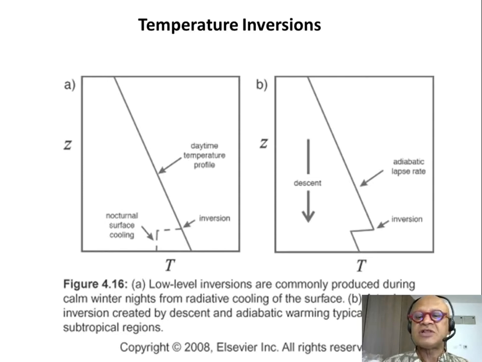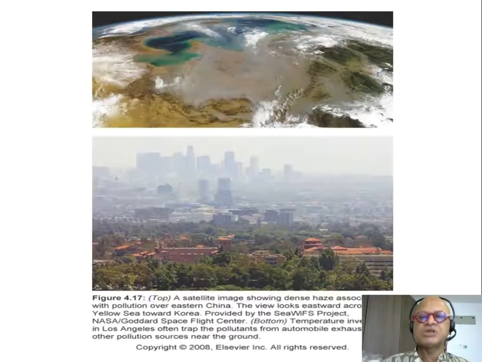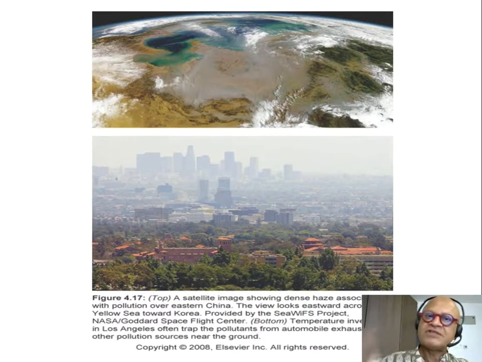You can see there is a clear inversion of temperature, cooler temperatures near the surface, and then a rapid warming of the air above, which makes the mixing much harder, especially if you have light winds. Strong winds can always mix away things, right? So here is an example of a satellite image of haze over eastern China.